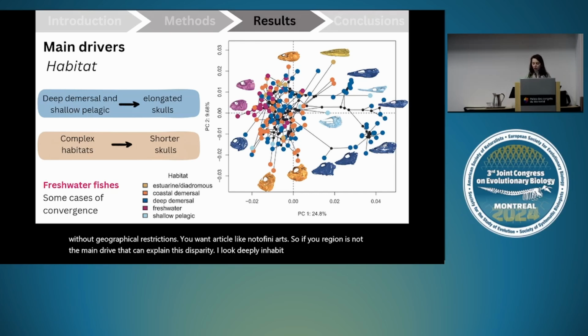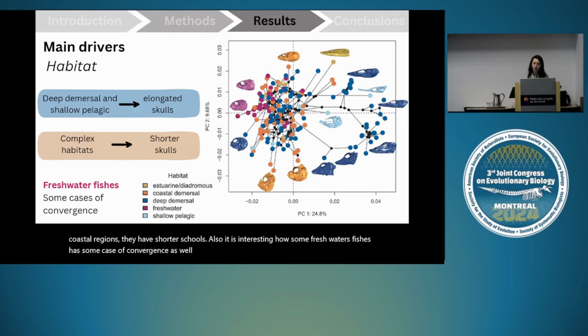Given that region is not the only main factor, we can see that generally deep demersal and shallow pelagic species have elongated skulls, while species that live in complex habitats like freshwater or coastal regions have shorter skulls. Also, it is interesting how some freshwater species show some cases of convergence as well.